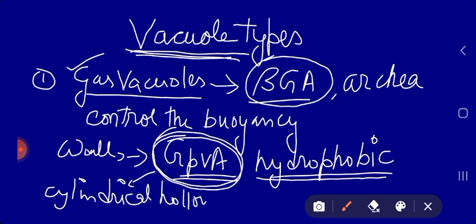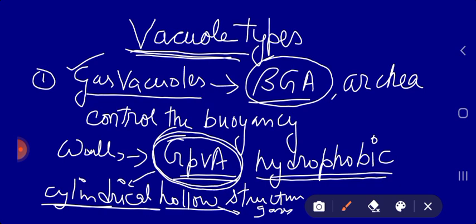That hollow structure is filled with gases. Now, a small variance in the amino acid sequence within the wall of these gas vacuoles produces a change in the morphology of the gas vesicle.